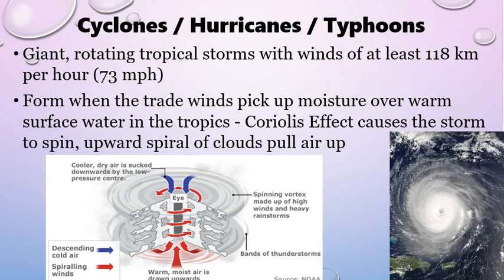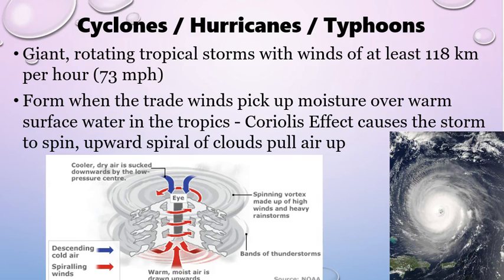And as these thunderstorms build, if the conditions are just right and the water is very warm, they're going to start swirling together, and the Coriolis effect is going to come into play there also, because these are going to go clockwise in your northern hemisphere and counterclockwise in your southern hemisphere, just like our currents, just like our wind patterns.